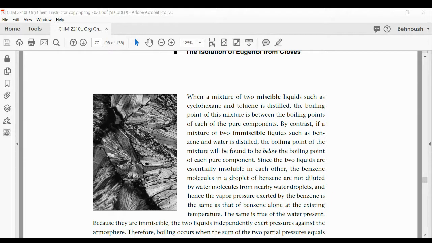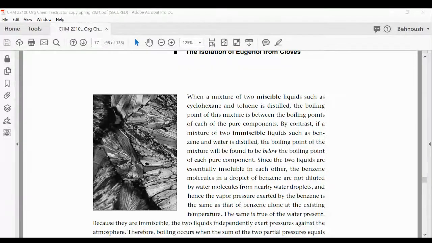When you have a mixture of two, you get the total of the vapor pressure from water plus the vapor pressure from the other compound. So let's say at 90 degrees Celsius the vapor pressure from water is 700 millimeters of mercury, because as you increase the temperature, vapor pressure is going to increase. At the point that vapor pressure equals atmospheric pressure, liquid starts boiling.